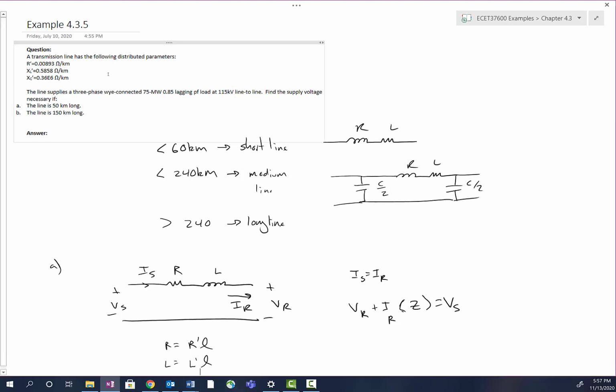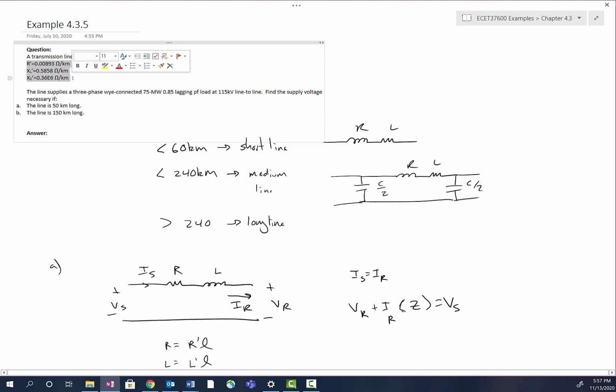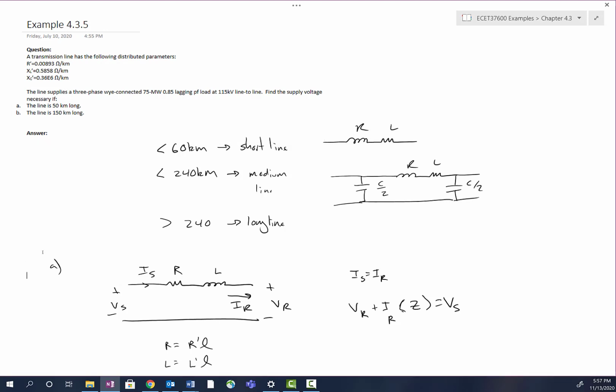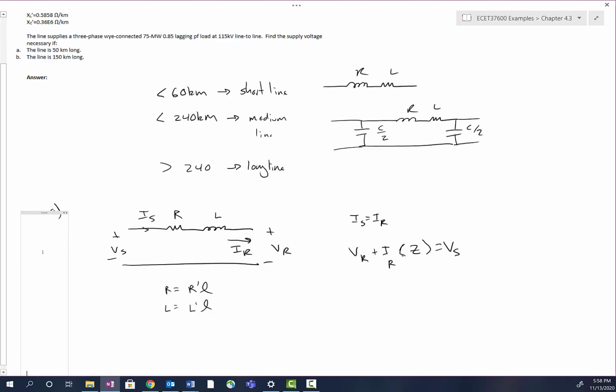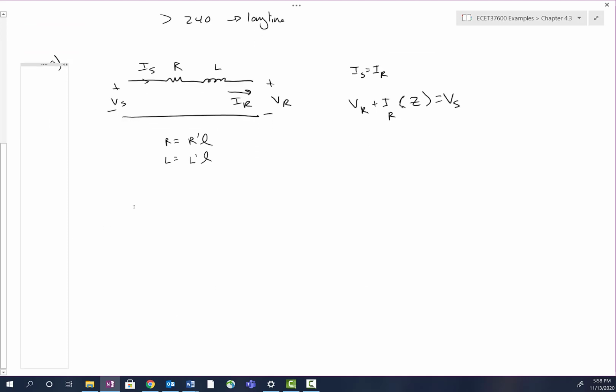Now in this problem we were given reactances instead of capacitance and inductance, so we'll have to watch how we handle that. That was intentional because there's a little bit of a trick there that I want to show you, particularly for the capacitance in the medium length line.